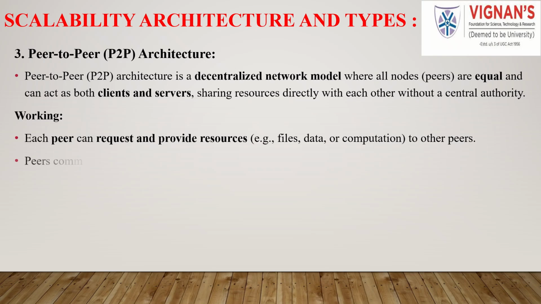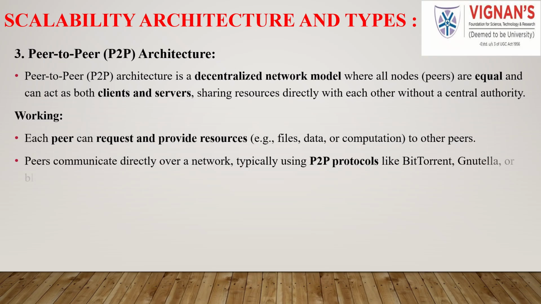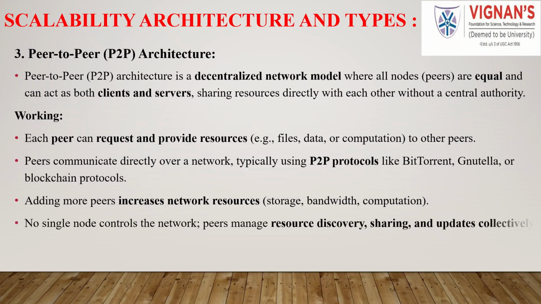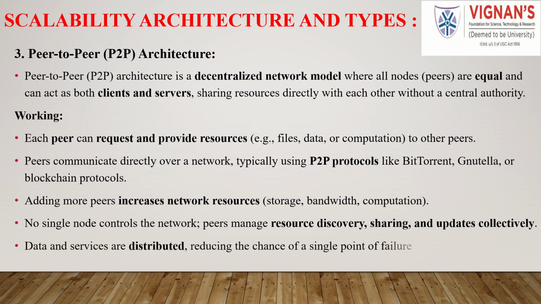Peers communicate directly over the network, typically using P2P protocols like BitTorrent, Gnutella, or blockchain protocols. Adding more peers increases the network's overall resources, including storage, bandwidth, and computation. No single node controls the network. Instead, peers collectively manage resource discovery, sharing, and updates. Data and services are distributed across the network, which reduces the chance of a single point of failure.